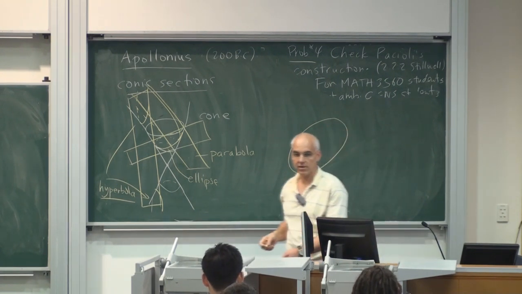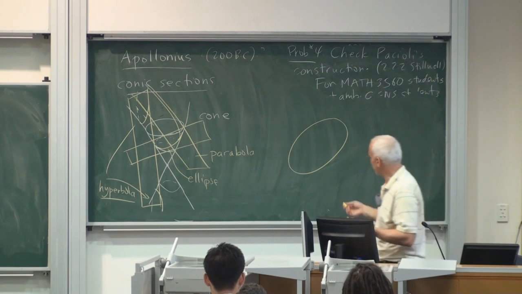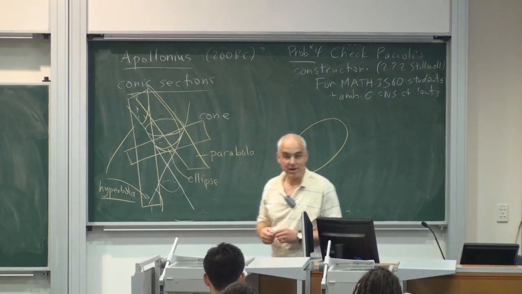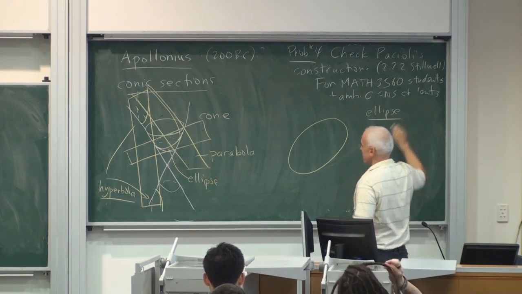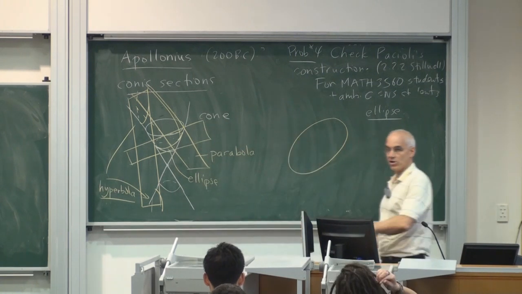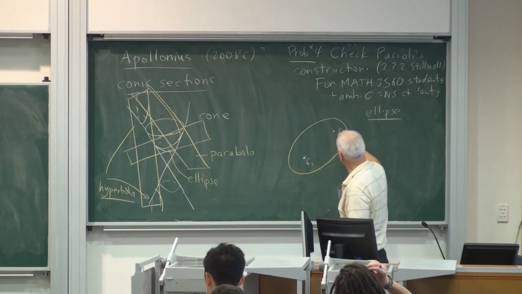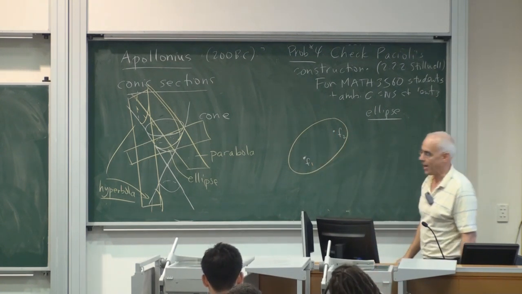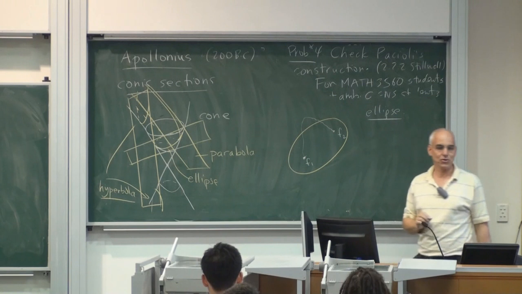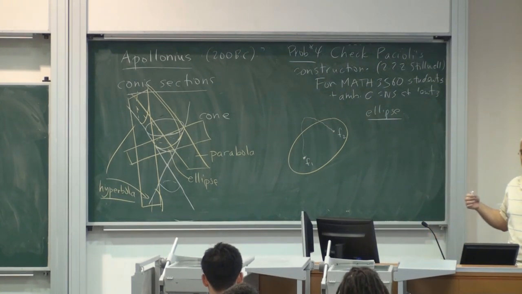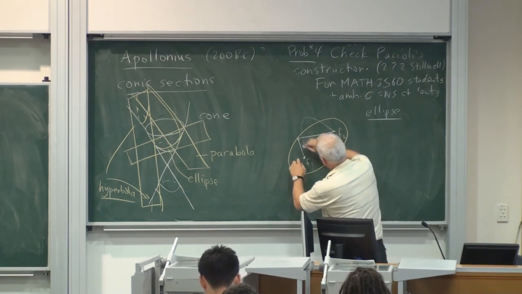Apollonius and others studied these things and discovered many properties of them. These days, of course, we know that an ellipse can be thought of in a number of different ways. Yes, it can come from cutting a cone, but it can also be generated by having two foci, two points F1 and F2, and getting a piece of string of a certain fixed length and tying it down to be attached to the two foci, and then tightening it with a pencil so it's tight.